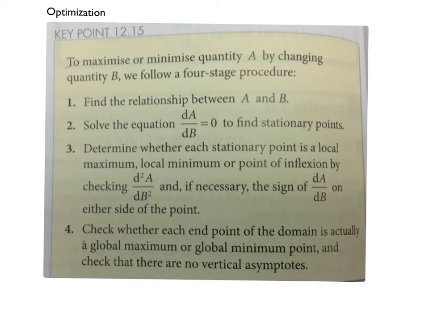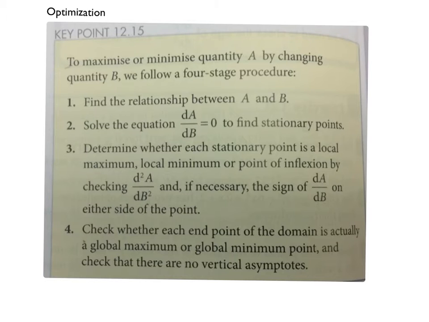So if you think about maximizing profits or minimizing costs or maximizing the amount of space that you use in a box for packing, or minimizing the amount of air left in a water bottle, you want to have as much liquid fitting into that water bottle as possible.